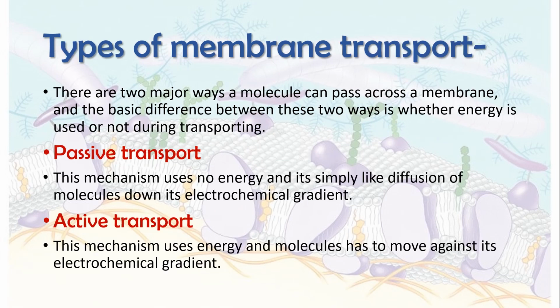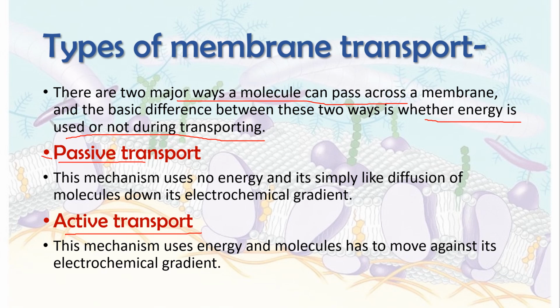Now, types of membrane transport. There are basically two ways a molecule can pass across a membrane, and the basic difference between these two ways is whether energy is used or not during transport. So the two types of transport are passive transport and active transport.